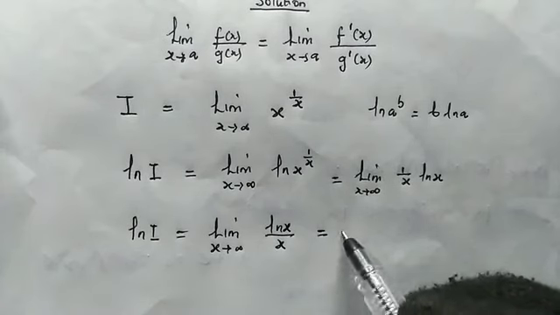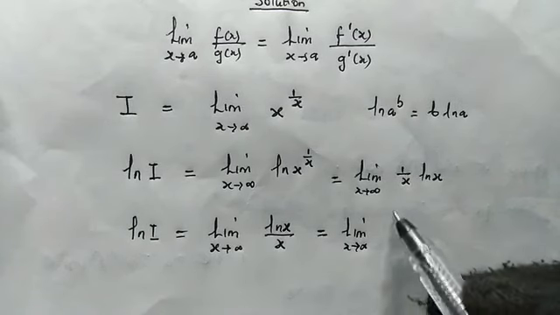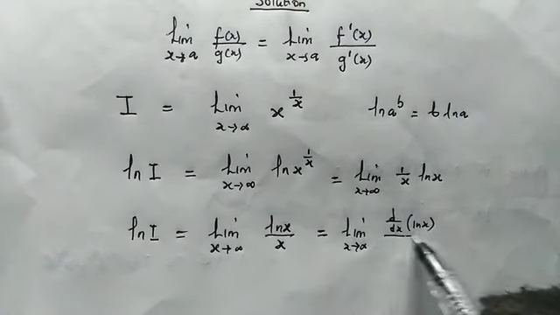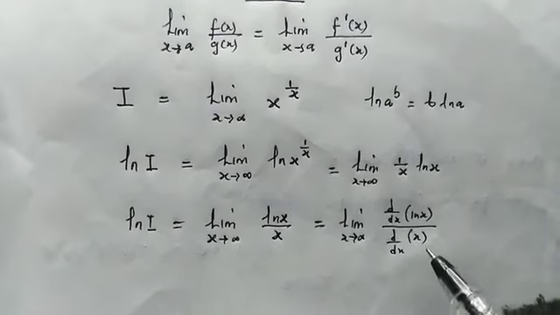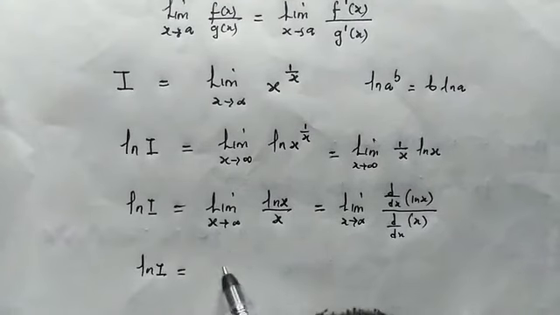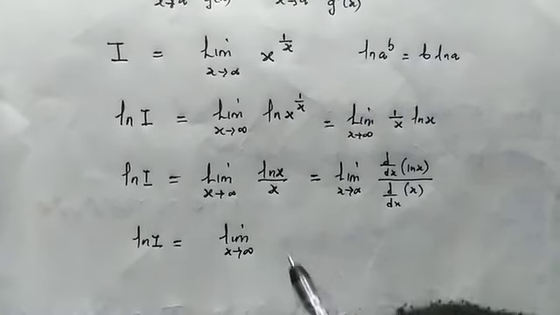So we make use of L'Hopital's rule. We get the derivative of the natural log of x divided by the derivative of x, right? So from here we get the natural log of I equal to the limit as x approaches infinity.